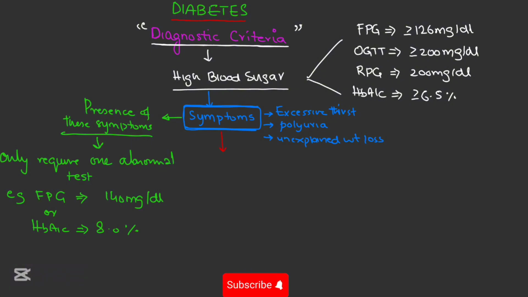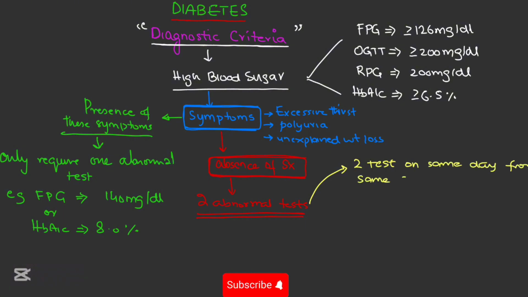Now let's consider another scenario when a patient is having hyperglycemia but in the absence of classic symptoms of hyperglycemia. So what are we going to do? We are going to diagnose diabetes on the basis of two abnormal blood tests. We can do this in two ways. Either we do two tests on the same day from the same draw of samples.